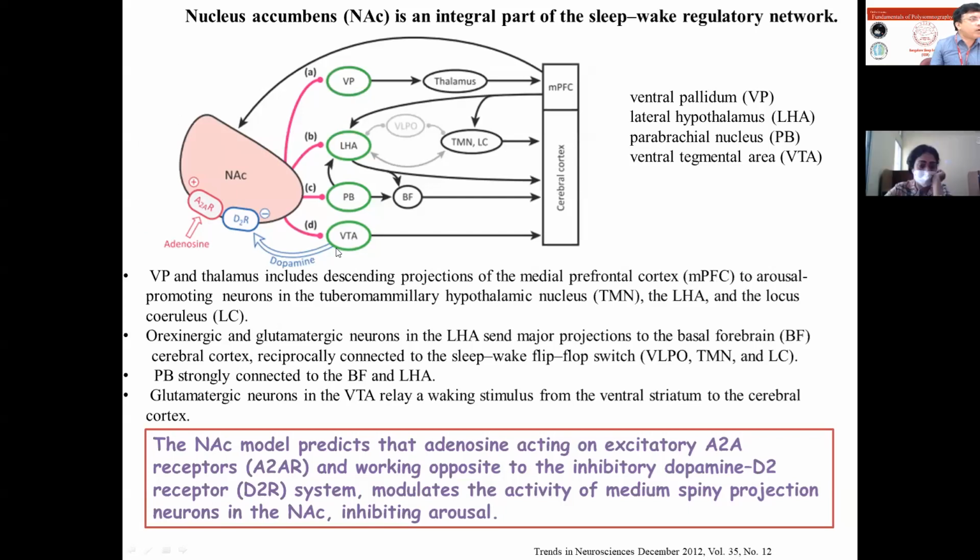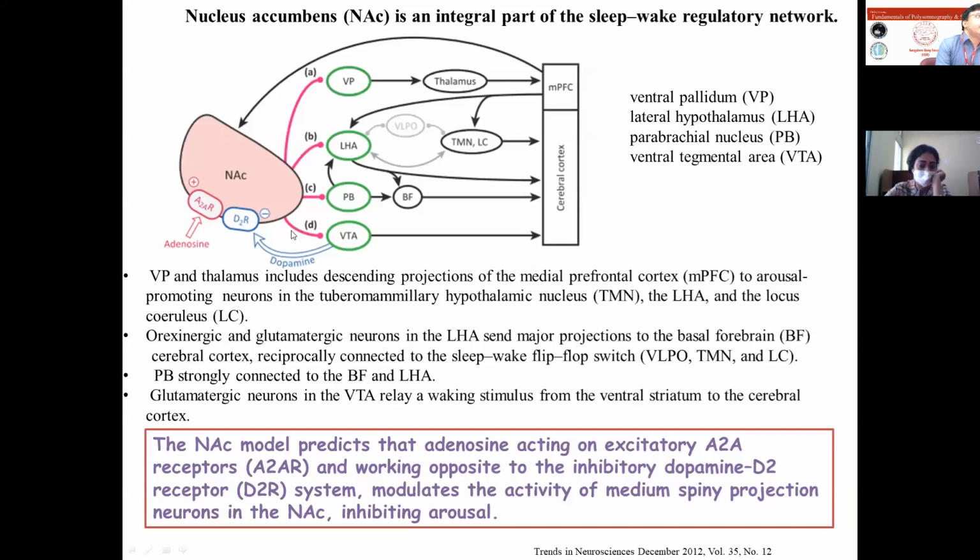Now, by inhibiting these wake-promoting neuronal groups, sleep is so induced. So this particular model of the nucleus accumbens predicts that adenosine acting through A2A receptors is much more powerful than the inhibitory action of dopamine on the D2 receptors on the nucleus accumbens.